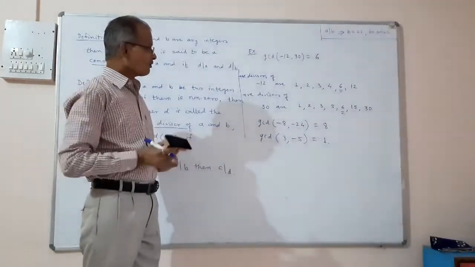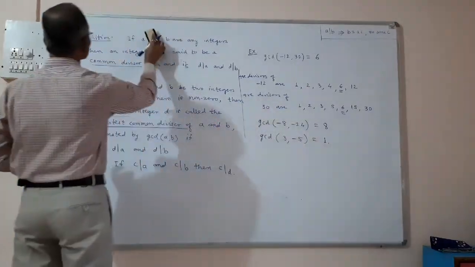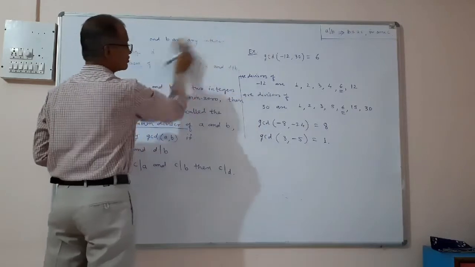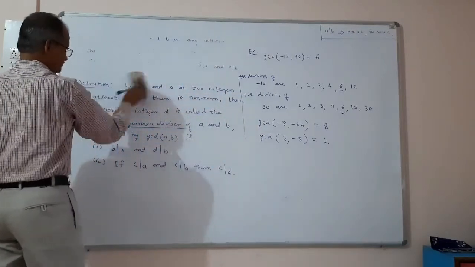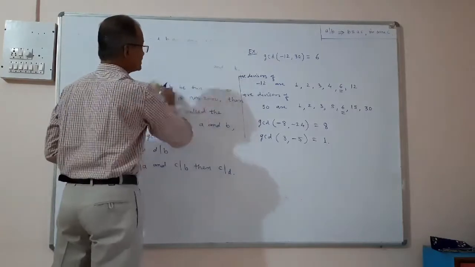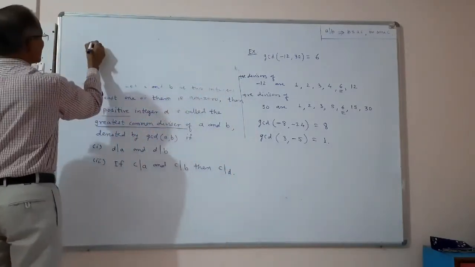Now one more property of the greatest common divisor is that the greatest common divisor can be expressed as a combination of the two integers. You see, GCD of minus 12 and 30 is 6.